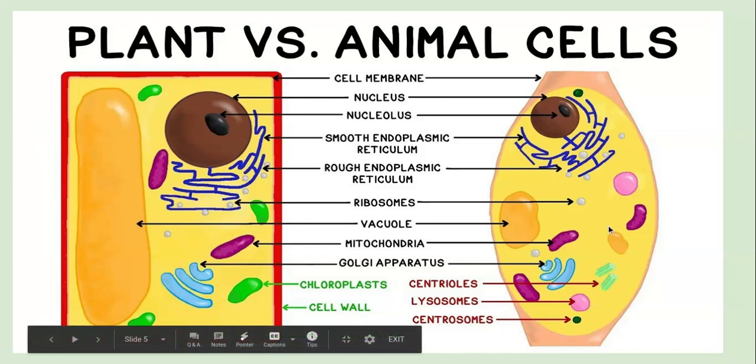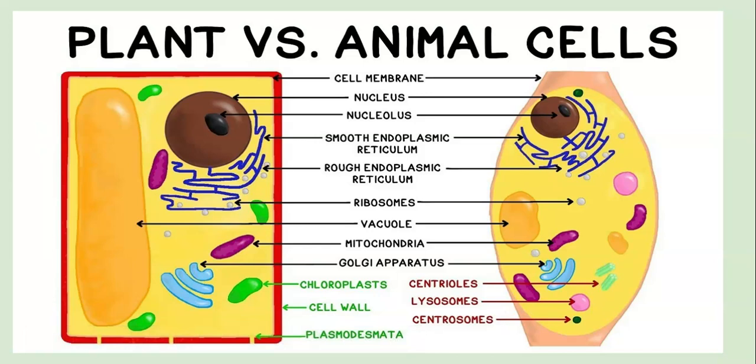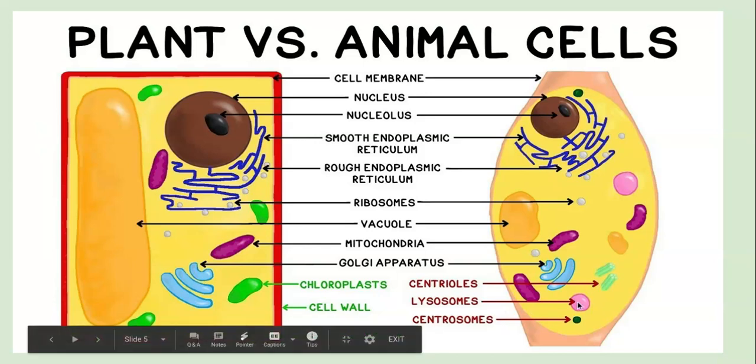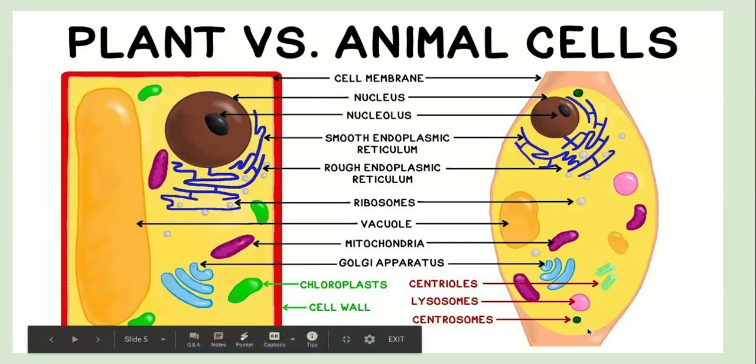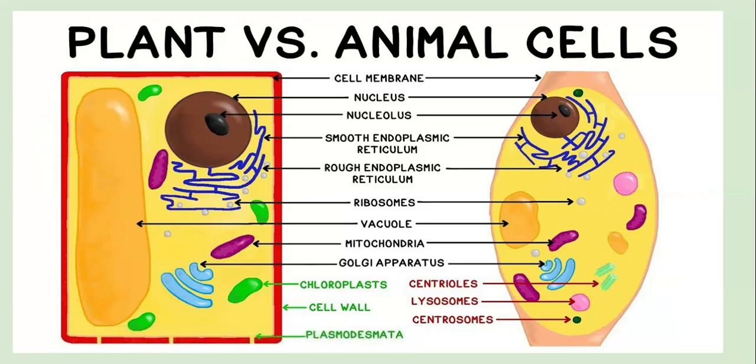When the cell becomes old and it needs to get destroyed. At that time, the cell self-destructs. It breaks down on its own because the lysosomes will burst and enzymes will cause the breakage of the cell. Then we also have the centrosome, which helps at the time of mitosis and meiosis, which is cell division. So these are the main differences between plant and animal cells.